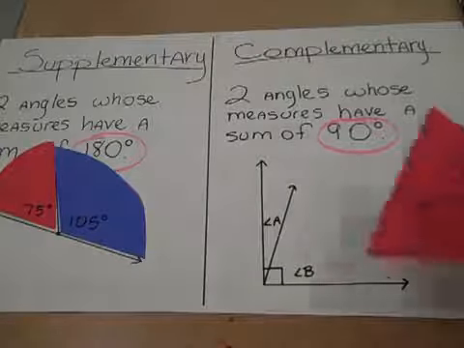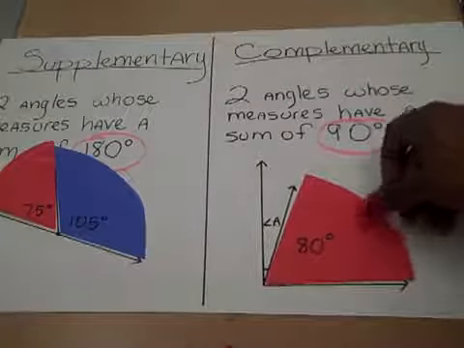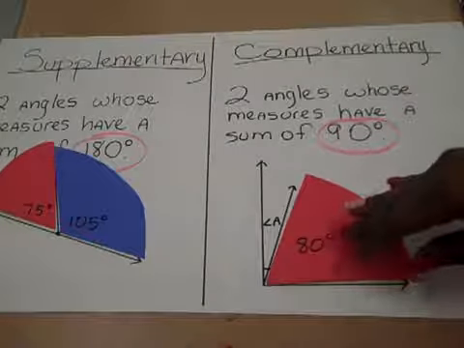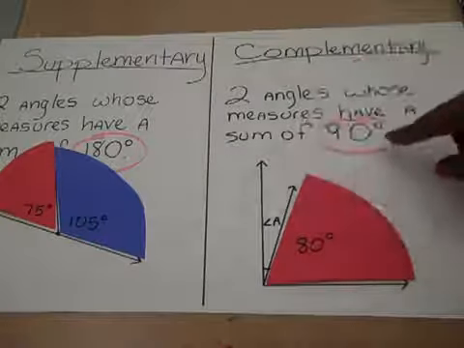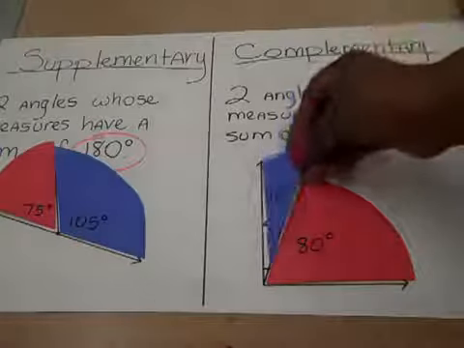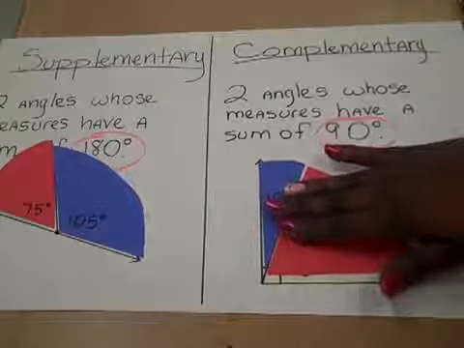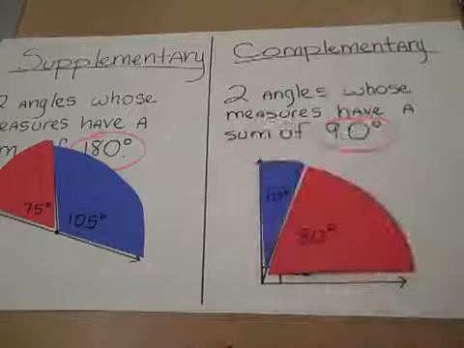Therefore, let's say angle B was 80 degrees. Well, if angle B is 80, and A and B equal 90 degrees, that must mean that angle A is a total of 10 degrees. The two together make 90 degrees.